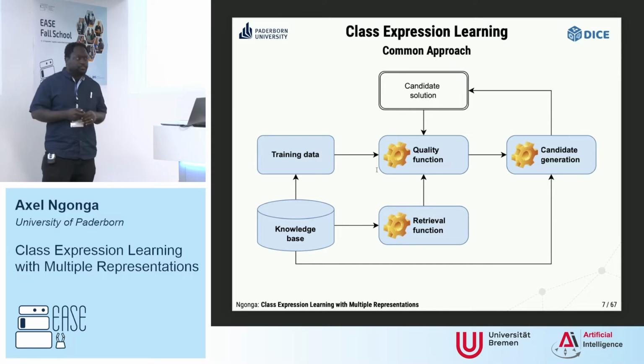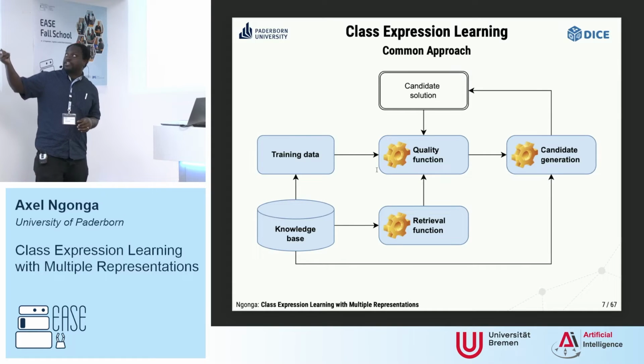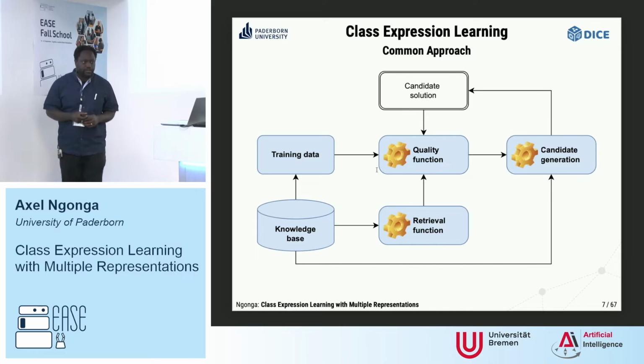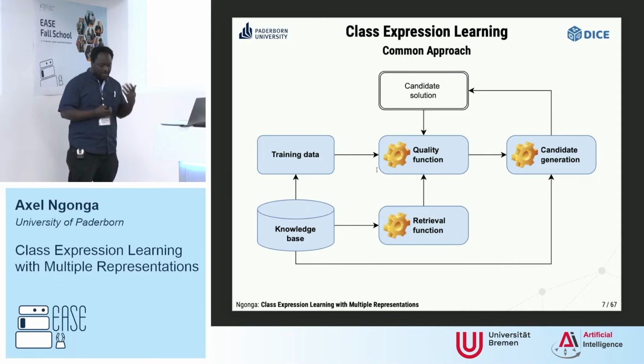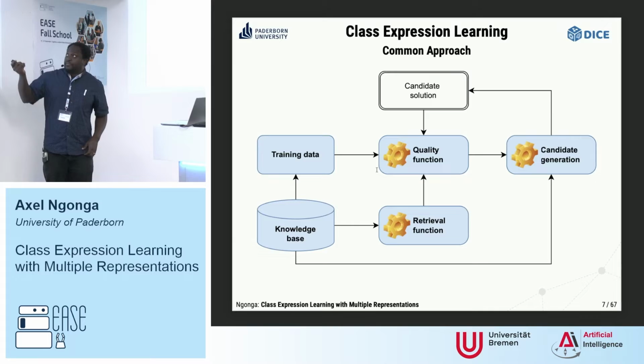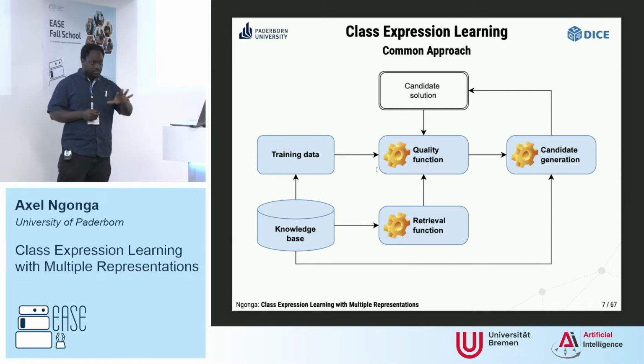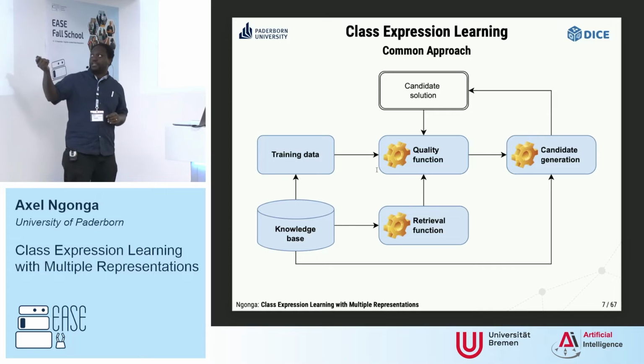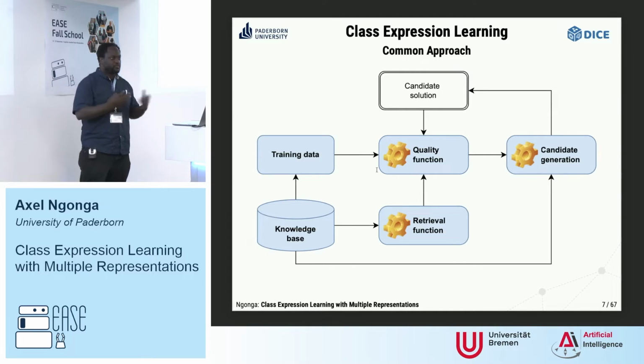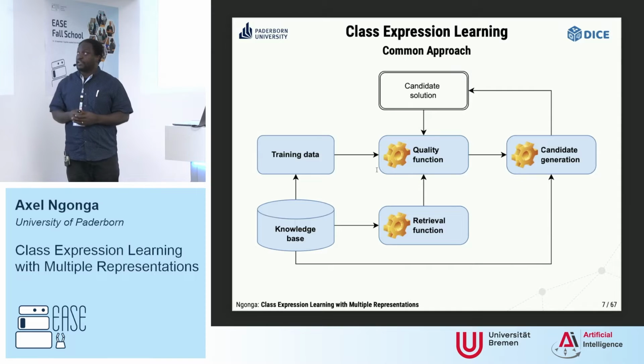We are given a knowledge base, and we typically start with a candidate solution. Depending on the type of algorithm you're dealing with, this might differ. If you're thinking about a top-down refinement operator, which I'll describe in a second, this candidate solution at the beginning is commonly the top concept, which basically describes everything.